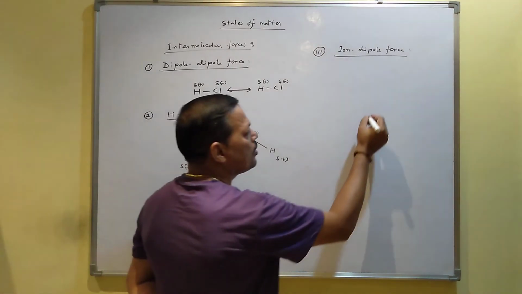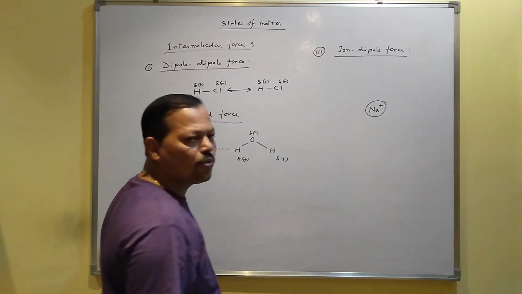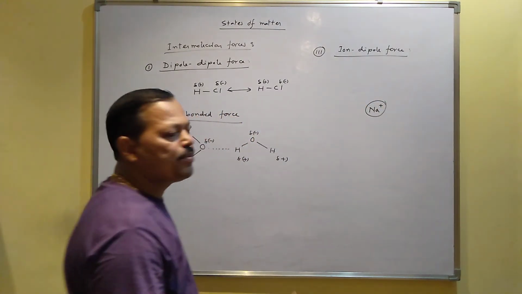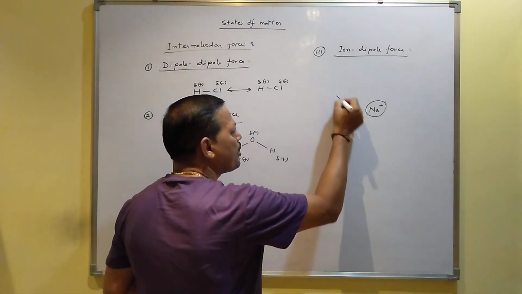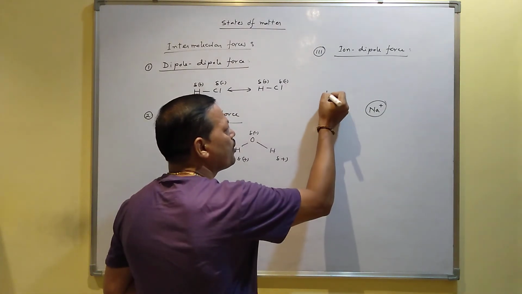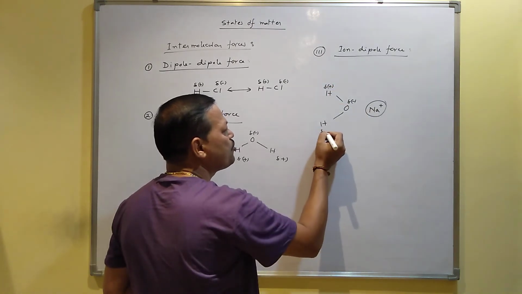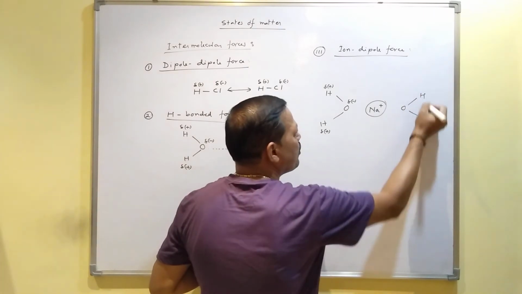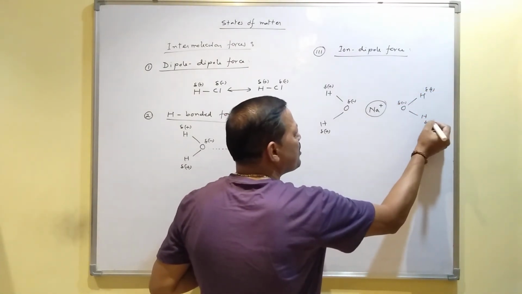For example, suppose this is one ion, sodium ion, I mean one cation. If some polar molecule comes towards this cation, for example a water molecule, as you know water is a polar molecule, oxygen delta minus, hydrogen delta plus due to electronegativity difference. Here also another water molecule, oxygen delta minus, hydrogen delta plus.